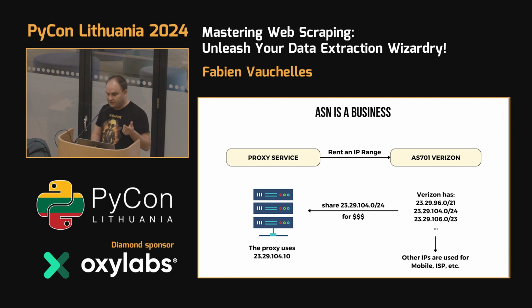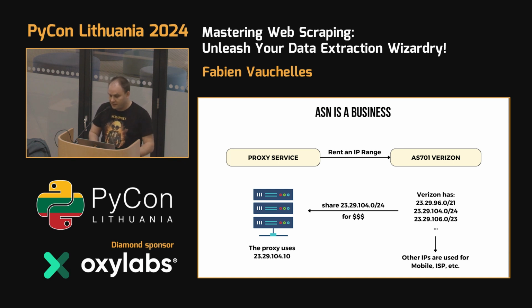So we can rent IP addresses from Verizon or other providers, Comcast, etc., and get an IP address which could belong to a mobile device. If you are doing that, your data center IP address is mixed into the Verizon IP range pool. So you will be mixed with mobile ISP addresses, and you will be very undetectable.